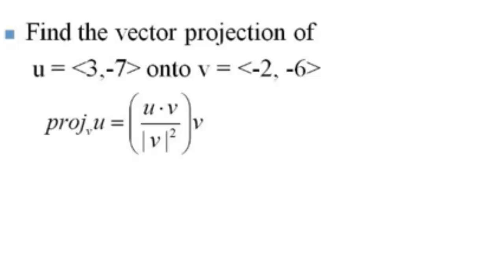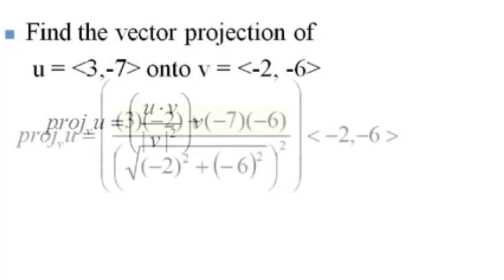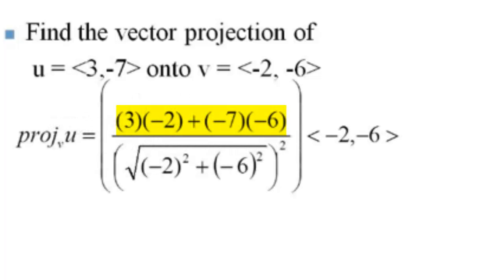On the top, we get the dot product, 3 times -2 plus -7 times -6. And on the bottom, the magnitude of v squared is the square root of -2 squared plus -6 squared, all of that squared. And then we multiply it by the vector -2, -6.